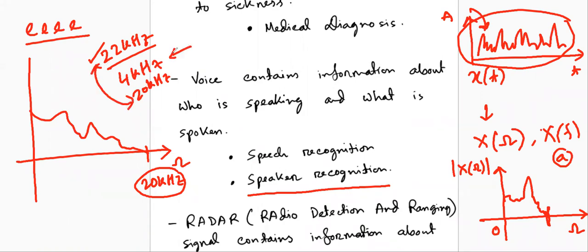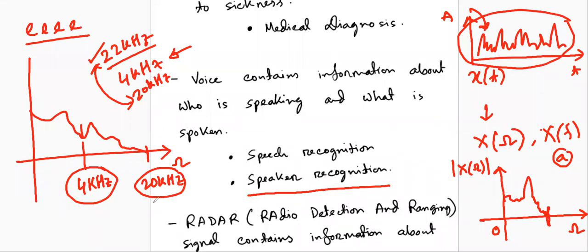Okay, what about 4 kilohertz? Most of the valuable information of your voice is contained inside 4 kilohertz. So why is this information important? Because after a few minutes, we may see that in signal processing, in DSP, it has a great impact.